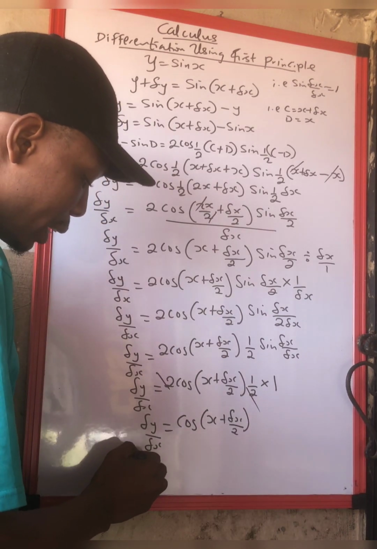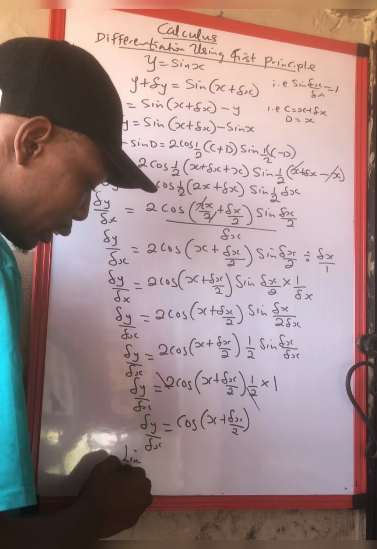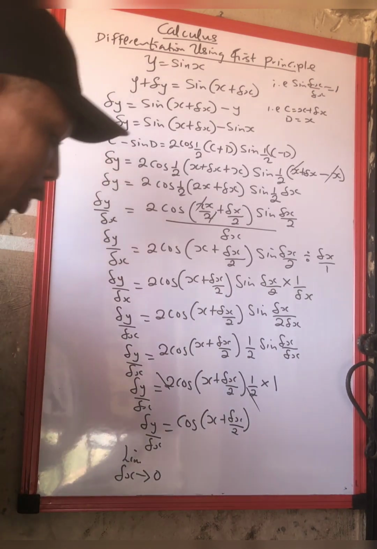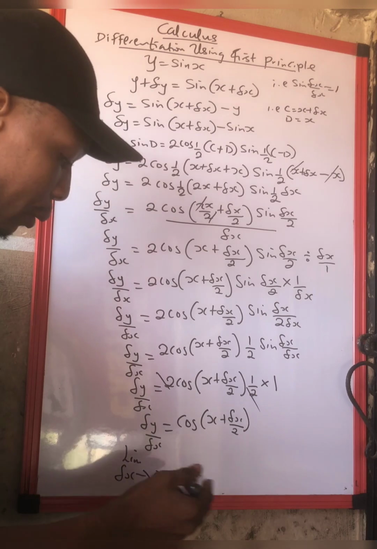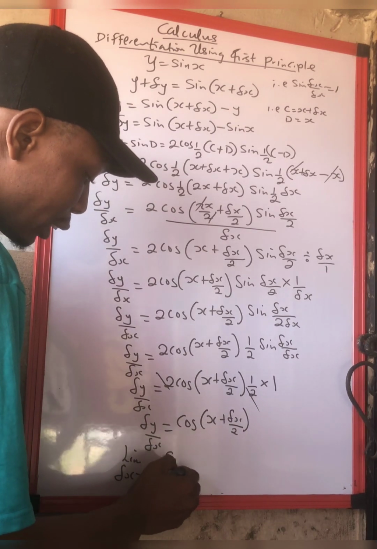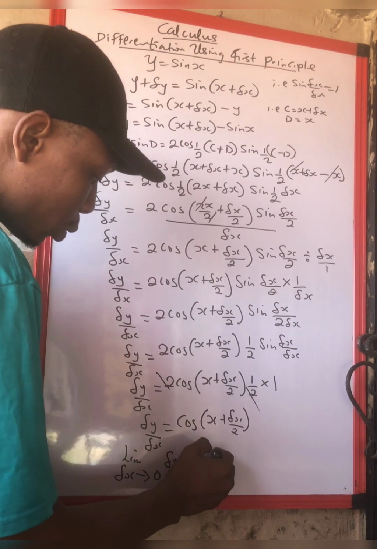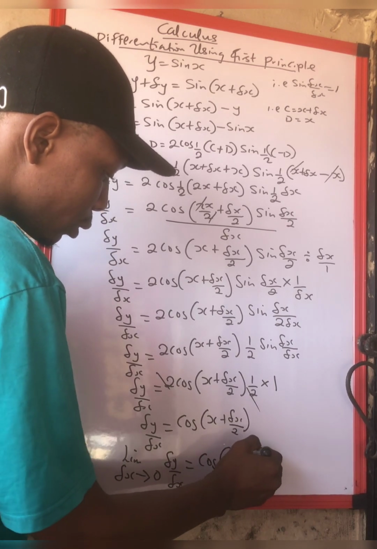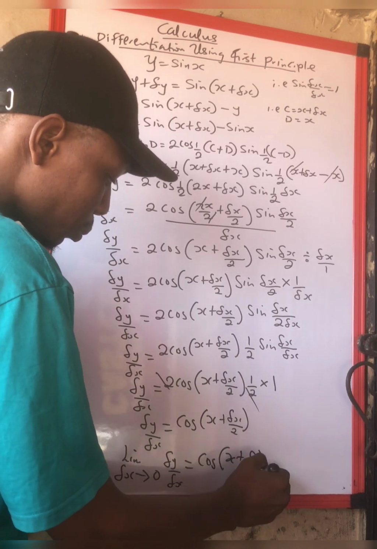So what will you now do then? You can now take the limit as change in x approaches 0. That means anywhere you see change in x, you can substitute 0. We have change in y over change in x equals cos of x plus 0 over 2.